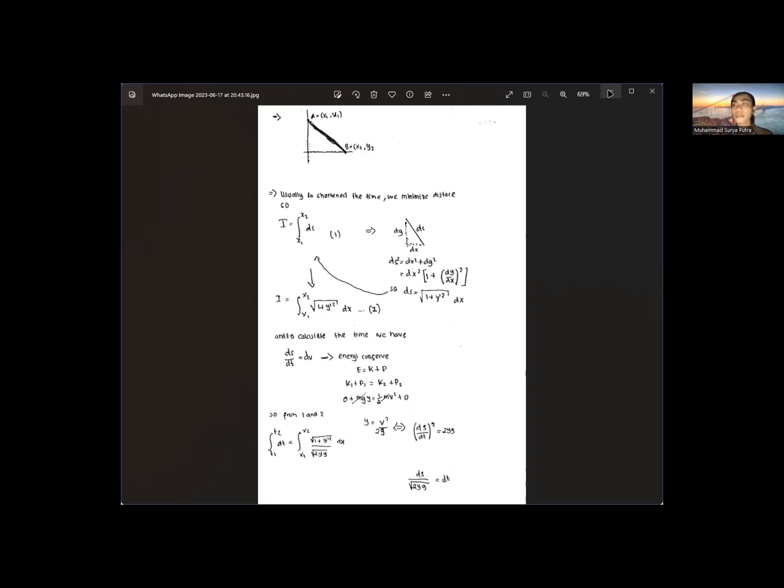But in this case, because from the beginning we already have the integral of the square root of 1 plus y prime squared over the square root of 2yg, I want to make this equation the exact equation from the integral. So I substituted y and y prime with this integral, with f(x) integral.